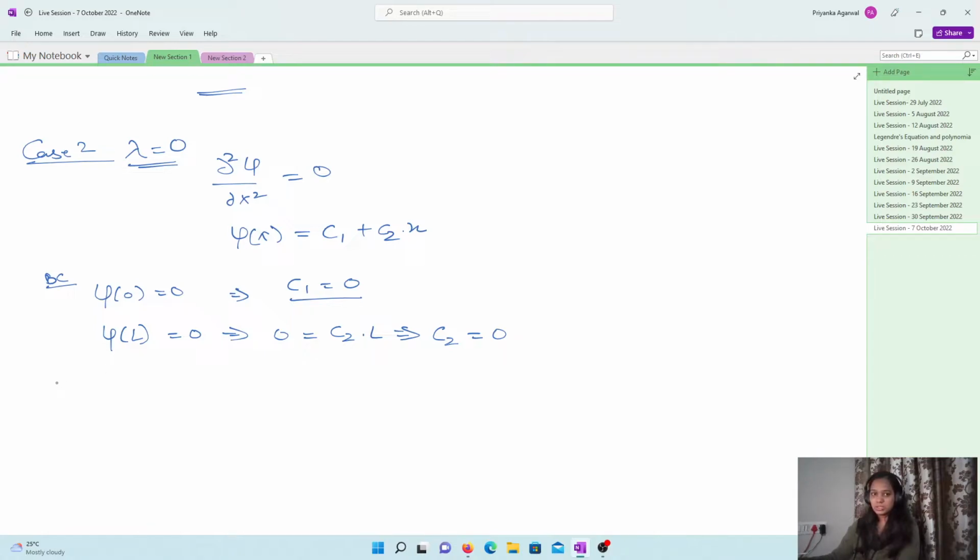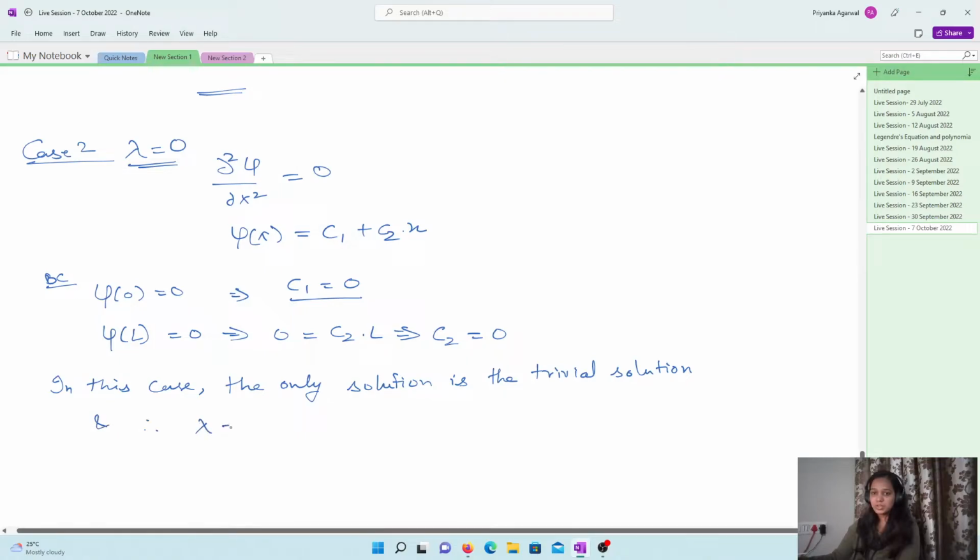So in this case, the only solution is the trivial solution, and therefore lambda equal to 0 is not an eigenvalue for this problem.